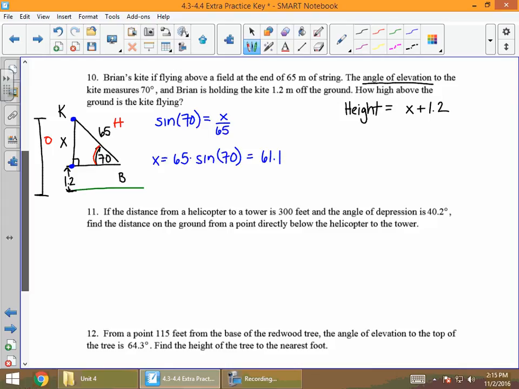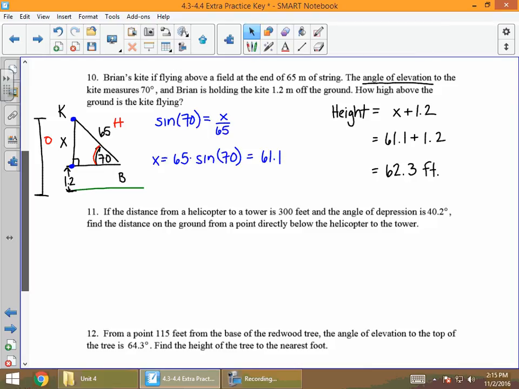So the total height, as we talked about earlier, is the height from blue dot to blue dot, 61.1, plus the height that the kite is in the air because of Brian holding it, the 1.2. I add the two together, and I get 62.3, and that is measured in feet above the ground.